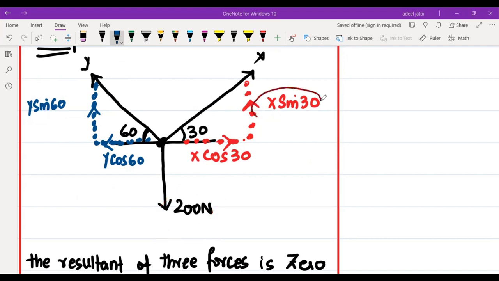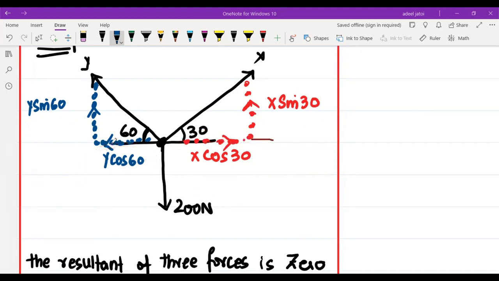So the sum of the upward forces should be equal to the sum of the downward force. Whereas there is only one force moving on the right and one force moving on the left. So the sum of the horizontal force moving on the right hand side is equal to the sum of the horizontal force moving on the left hand side.